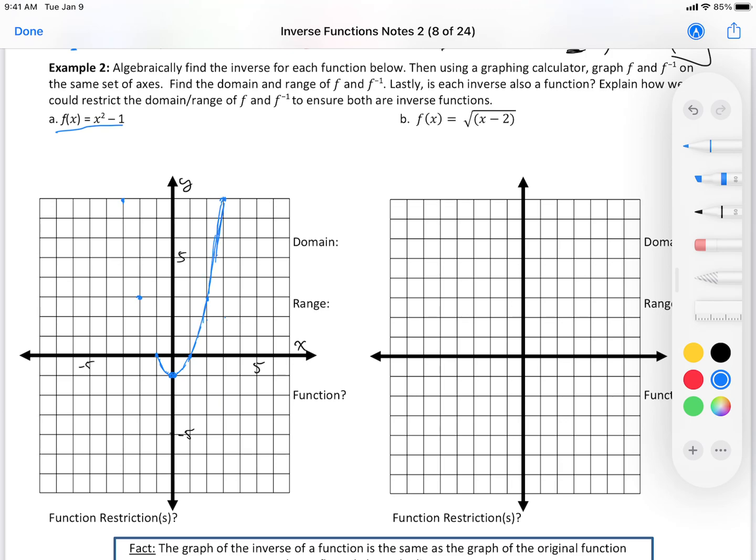Again, I'm not the greatest with graphing these guys. I apologize, I'm not an artist. And so this is our graph of f of x.